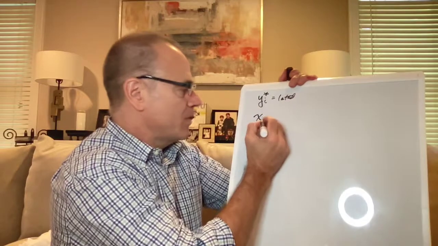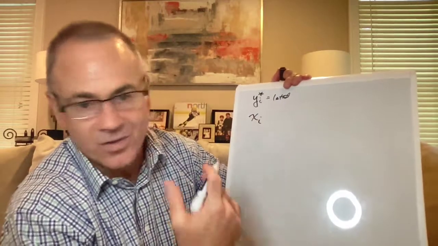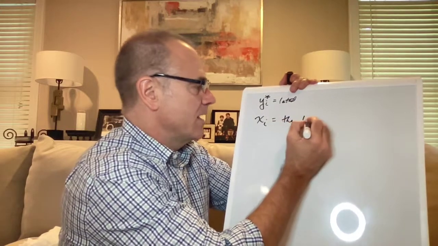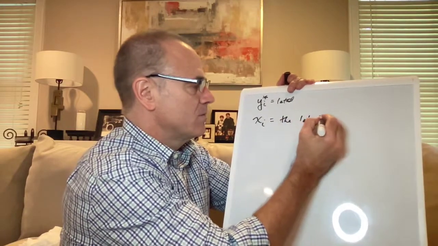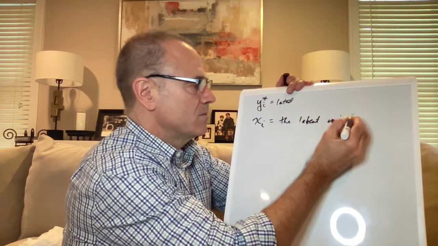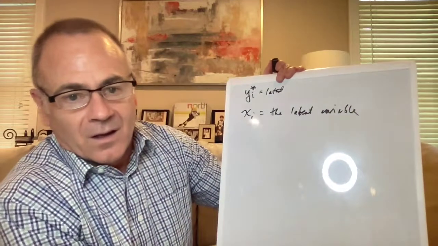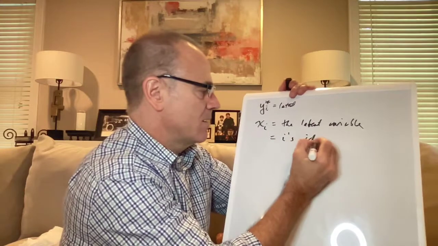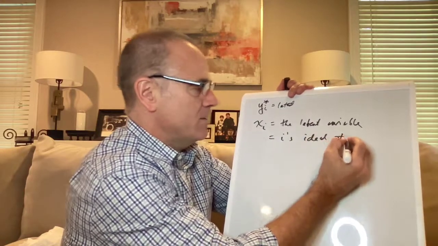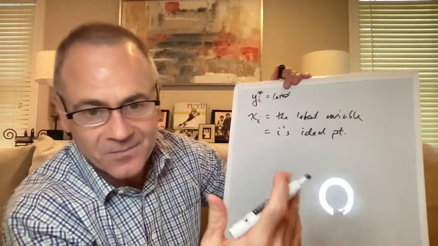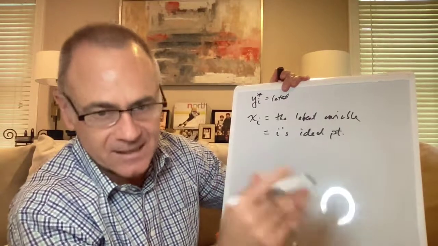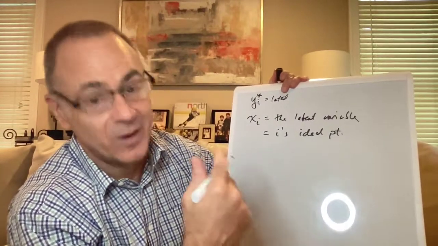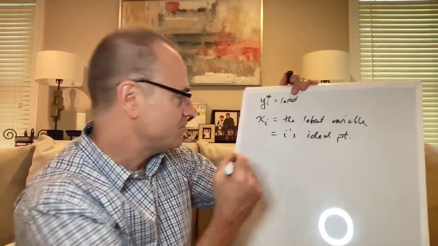Now xi with no star on it equals the latent variable. That equals i's ideal point. We, the researcher, will not see person i's ideal point, but we can estimate it.